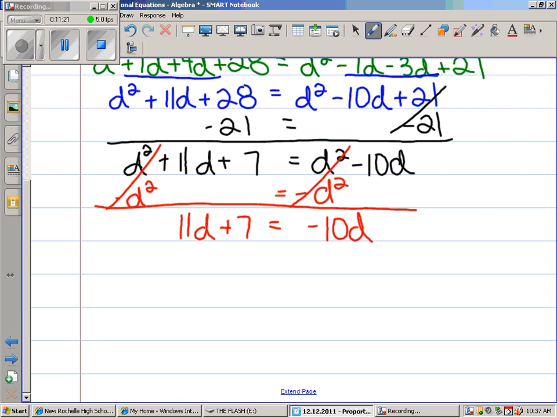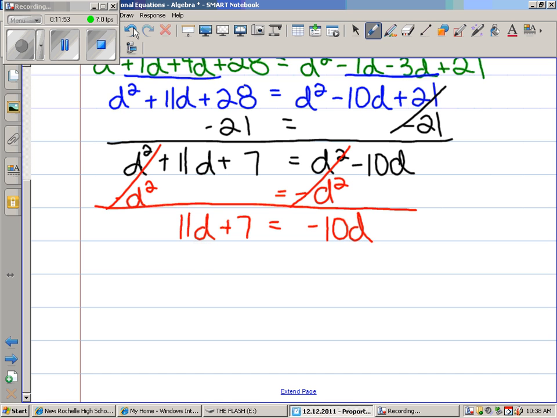Now, what's next after that? Okay, here's the whole point of this. When you reach a step like this, you need to get d by itself and numbers on another side, right?